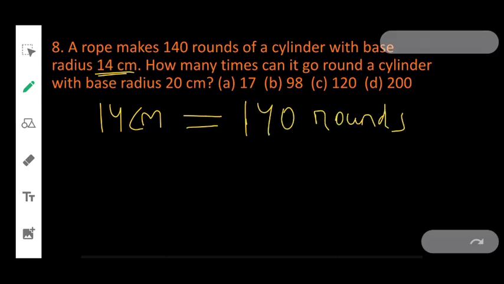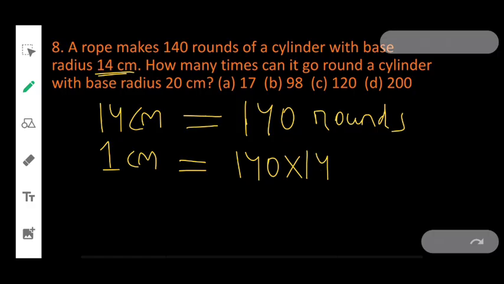Okay, then when the radius is 1 cm, then the roof can make 140 multiplied by 14 rounds.